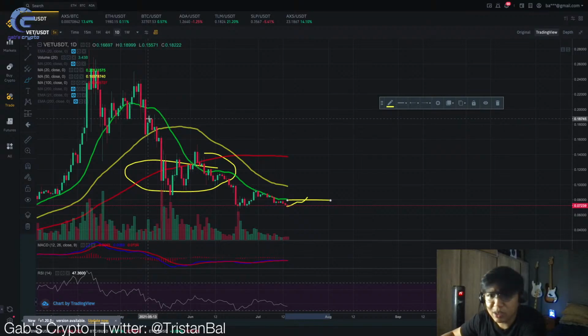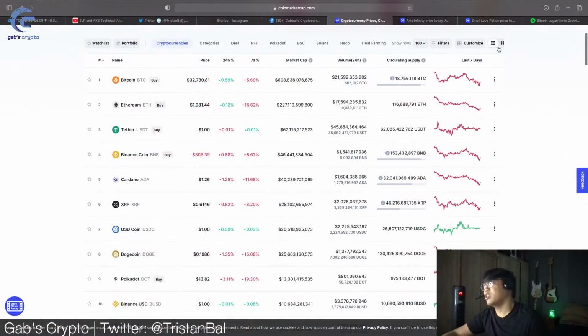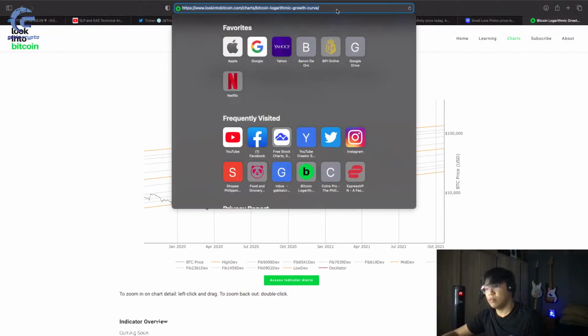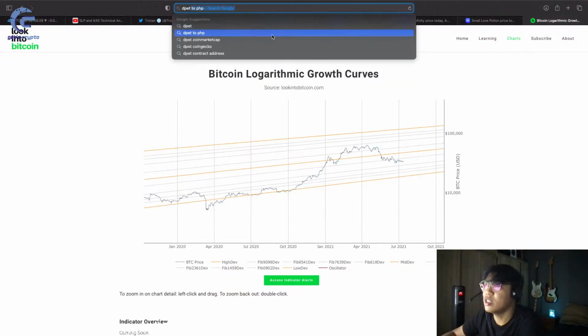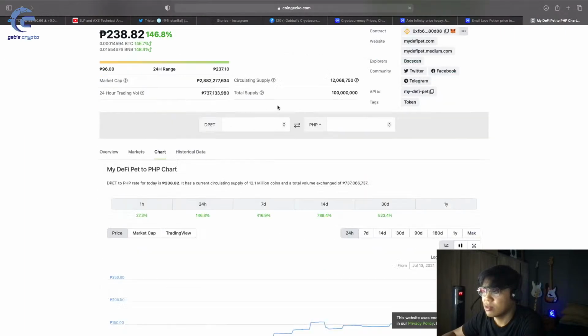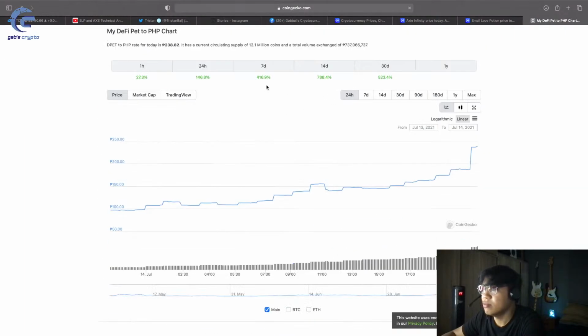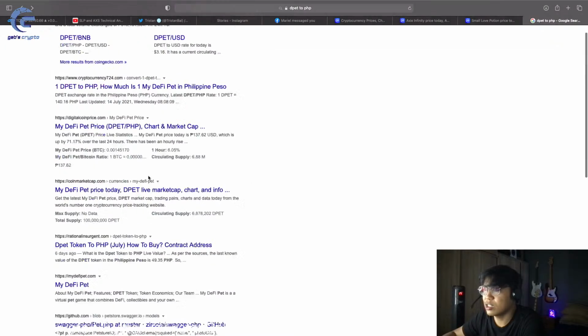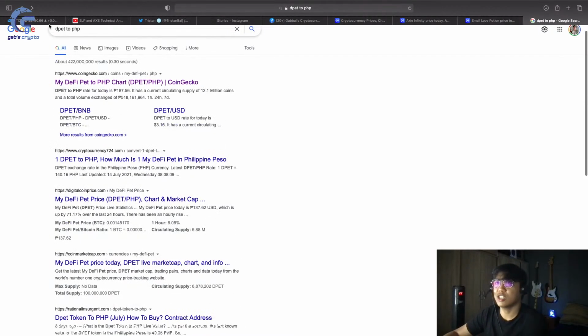Sige nga, tingnan natin yung DPET. Hindi ko pa nakikita actually yung DPET. DPET to PHP. Not sure kung saan ko pwede siya tingnan eh. Meron siguro sa TradingView. Check natin TradingView.